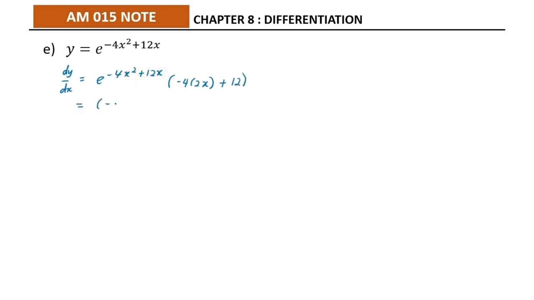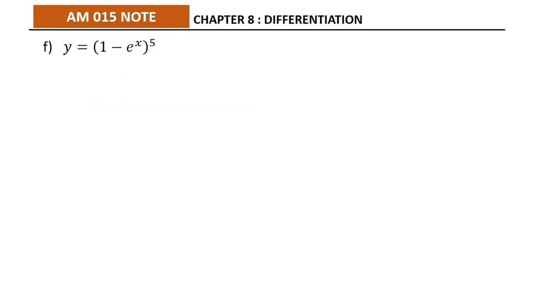Simplify the answer, (negative 8x plus 12) times e power of negative 4x squared plus 12x. We can stop here or factorize 4, (3 minus 2x) times e power of negative 4x squared plus 12x. Okay, the function e here must be the same as the question.